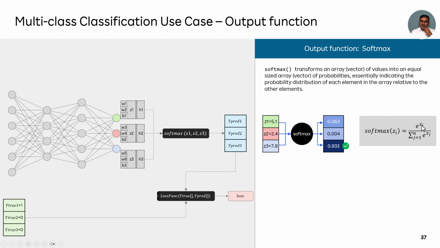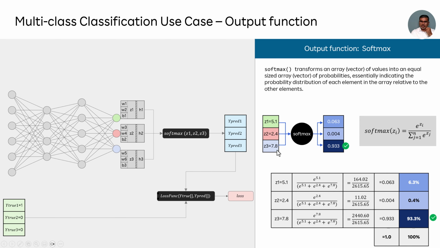It basically raises the power of e to each of these individual things, z1, z2, z3, and then it divides it by the sum of the e's of this value and this value and this value. Okay, so what it emits is these values. So when you take this array and you pass it to softmax function, it emits an array like this. And as you can see, it basically is saying that z3 should be activated, 7.8.